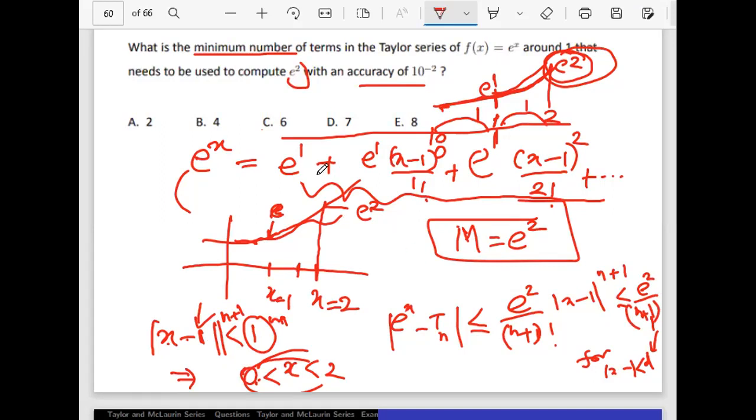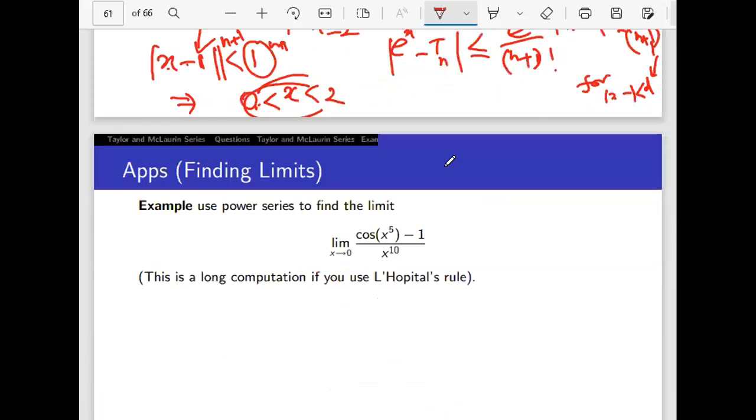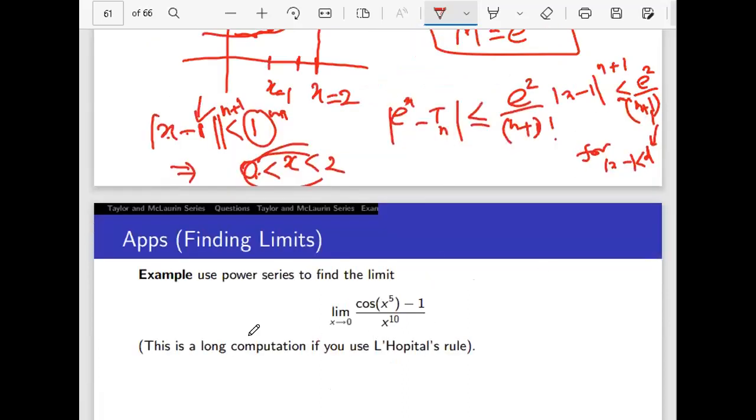So we have to find the number of terms we should consider of this Taylor expansion to get this accuracy.